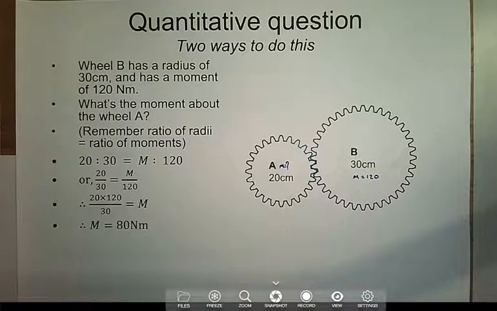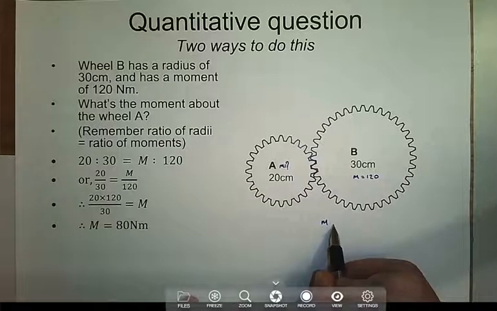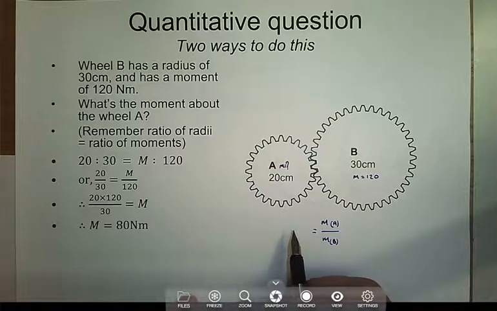So we know that the moment ratio, so the moment of A over the moment of B, is going to equal the radius of A over the radius of B.